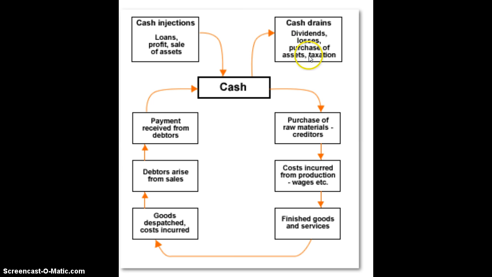There are also purchases of assets. So if a business needs more machinery, for example, they would have to spend money on that. And so those are other losses of money, and here we have cash injections. So anything that really goes into this pool of cash: we have loans, profit, sale of assets. So sale of assets, purchase of assets.